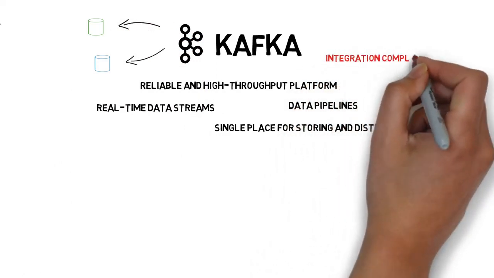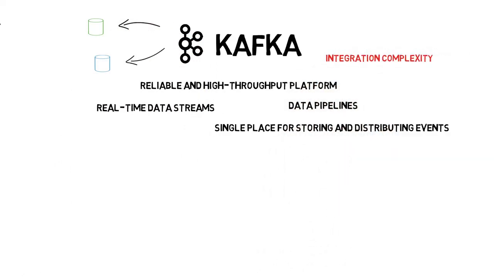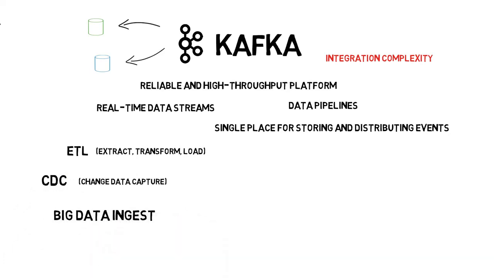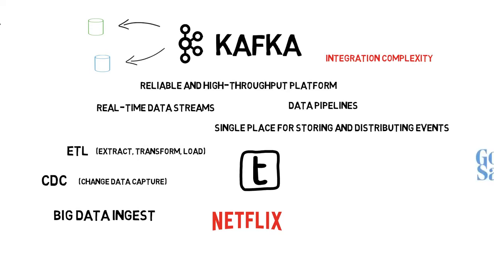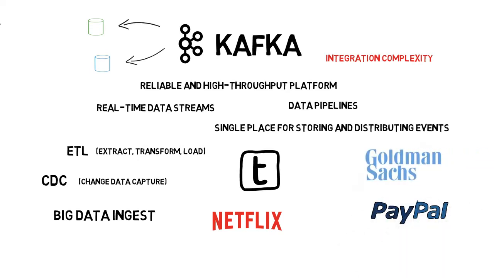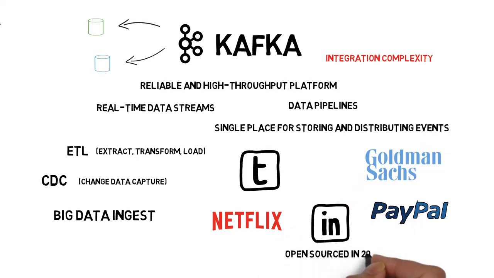Besides all of that, Kafka can also be easily used to build a modern and scalable ETL, change data capture, or big data ingest systems. Kafka is used across multiple industries, from companies like Twitter and Netflix to Goldman Sachs and PayPal. It was originally developed by LinkedIn and open-sourced in 2011.